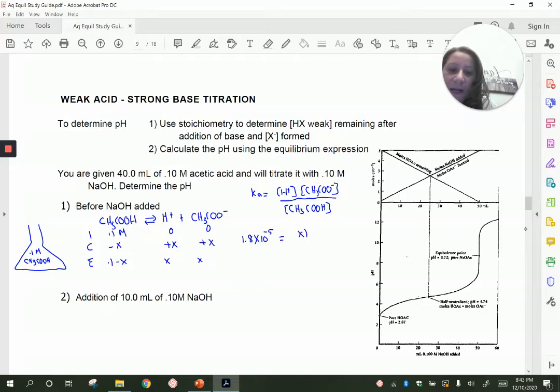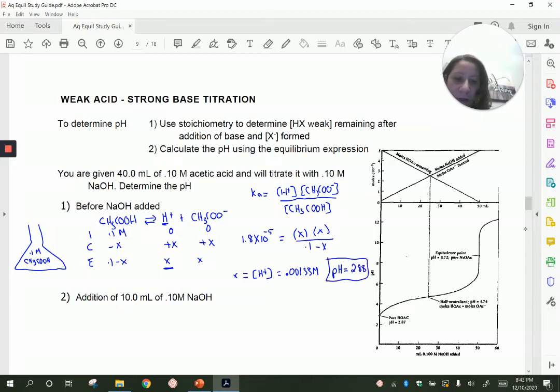So that's equal to X times X over 0.1 minus X. X here is the H+ concentration at equilibrium, and it turns out to be 0.00133 molar, and so the pH is negative log of that, which ends up being 2.88. And so that is our initial pH just in our flask with only our acetic acid.